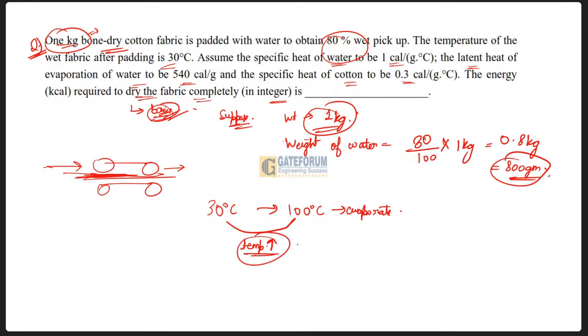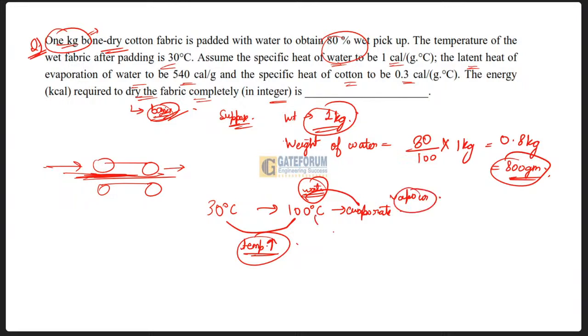So from 30 to 100, there is a temperature increase. Here it is water, and when it is evaporated it will convert into vapor.